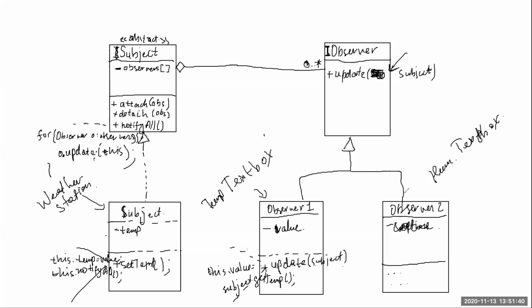Your code is working with the subject. Your client doesn't have to update all the observers over and over again. You can just create one subject, register the observers to this subject, and deal with the subject everywhere else. So it makes your code easier, right? Is it clear?